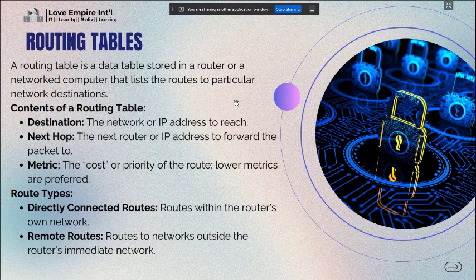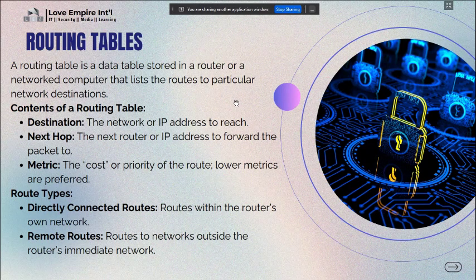Then we have the next hop, the next router or IP to forward the packet to. Then the metric, the cost or priority of the route. That's the best route to take to reach the destination. So a lower metric is usually preferred.